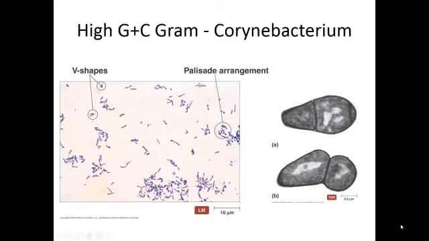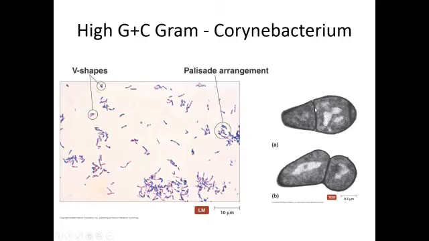First, the Corynebacterium. Now, Corynebacterium are rod-shaped. If you look at them under a transmission scanning electron micrograph, sometimes they form these kind of funky oval shapes right before they divide. Now, Corynebacterium are distinguished by an unusual cell division method. So you see here we've got a cell that has divided.